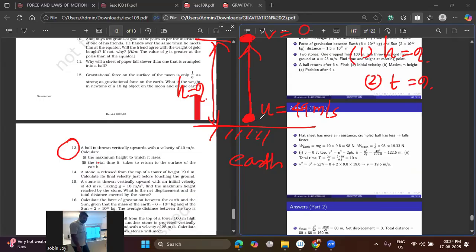So how will you calculate? You can use the second equation. Sorry, not the second equation, the third equation.